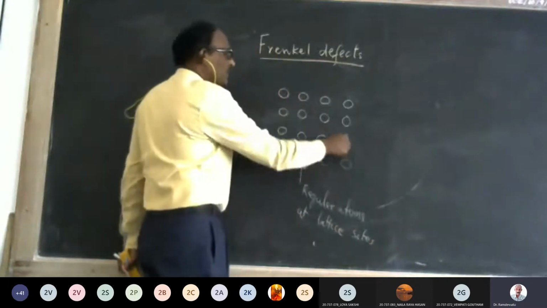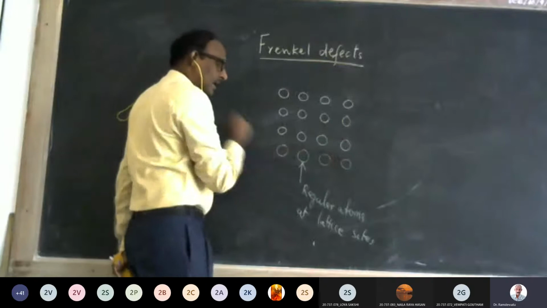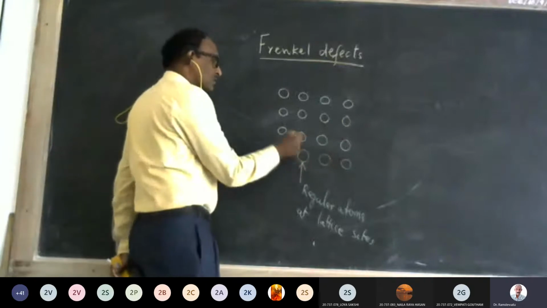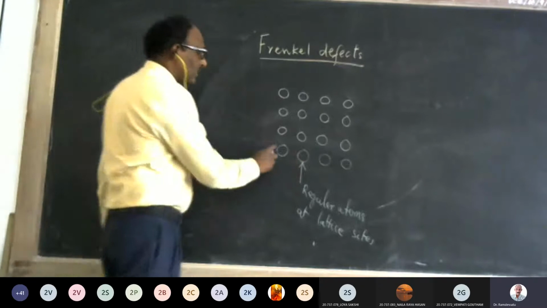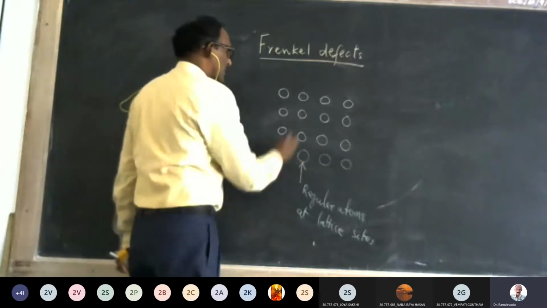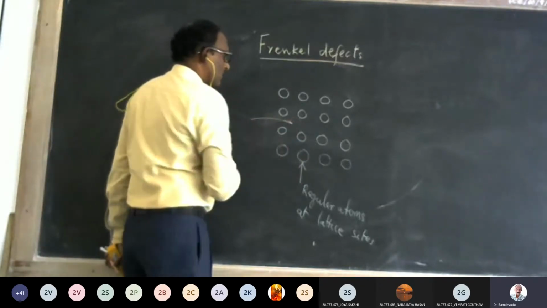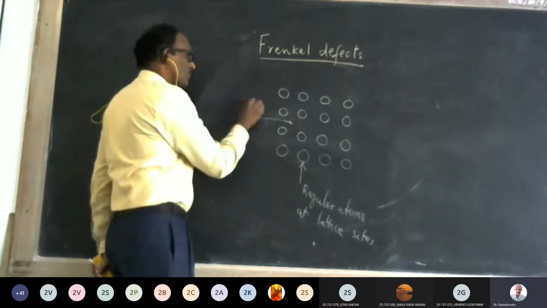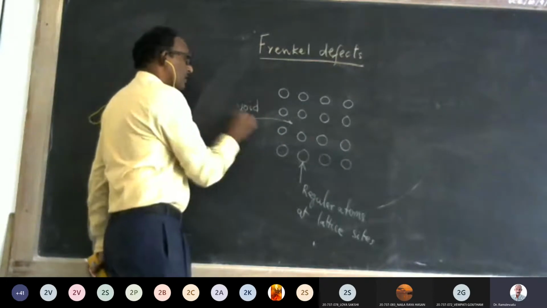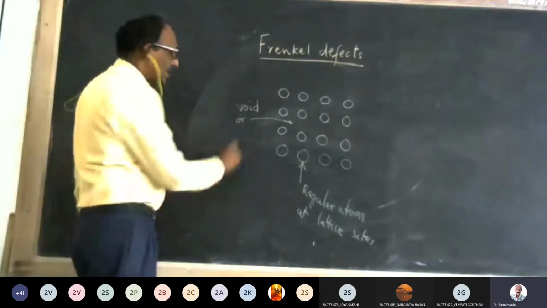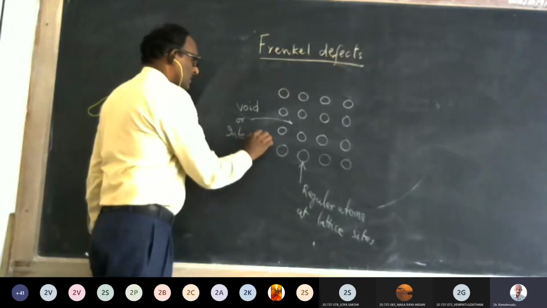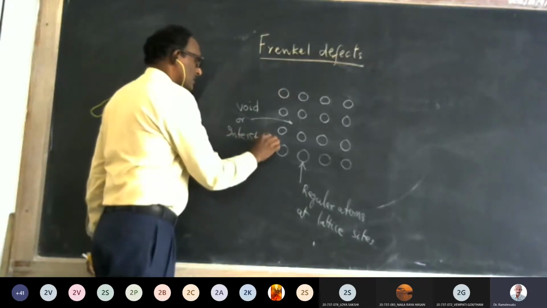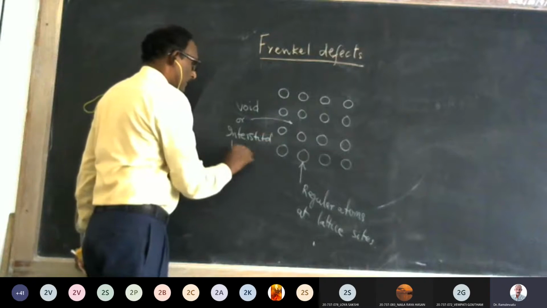These are lattice points, also called lattice sites, and the atoms are occupying the regular lattice sites, and we have a regular periodic arrangement. And this empty space is called a void, or we also call it an interstitial site, or interstitial location.